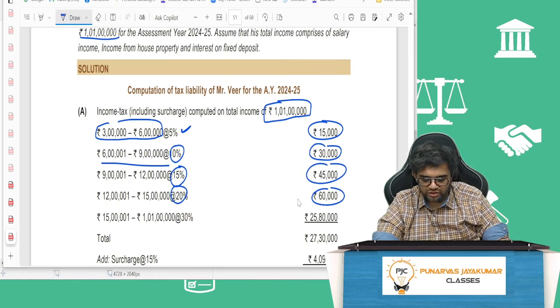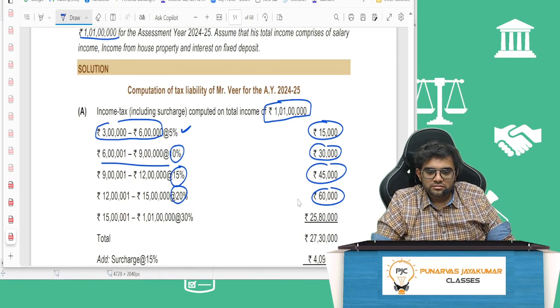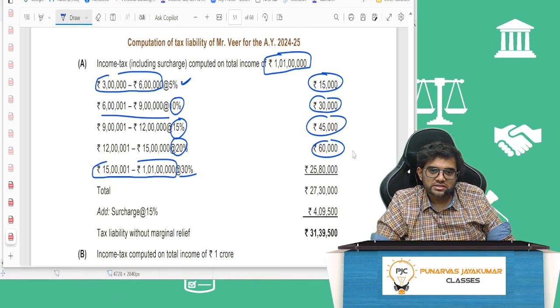Next, moving on to 15 lakh to 1 CR. That is not 1 CR, 1.01 CR. 15 lakh to 1.01 CR at 30%. How many lakhs is this? 86 lakhs. Correct? For 86 lakh into 30%, 25 lakh 80,000.